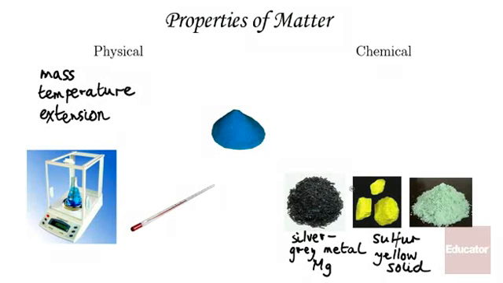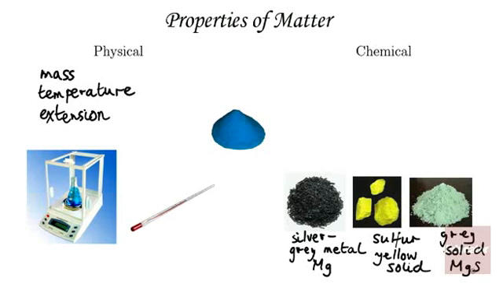The two react, in fact, almost explosively, certainly to the point of incandescence, that is, glowing red hot. And when the subsequent material that is produced cools down, we have this rather off-gray substance, a gray solid, which is magnesium sulfide. That's an example of a chemical process and a chemical change.